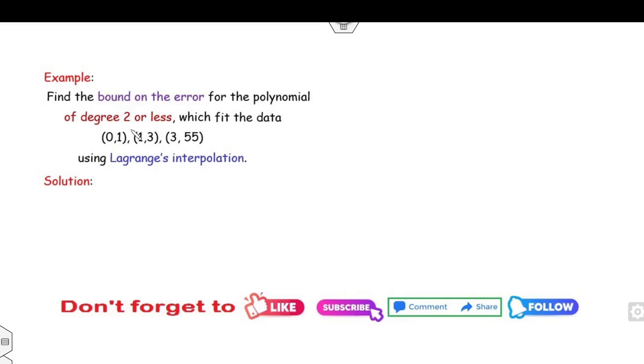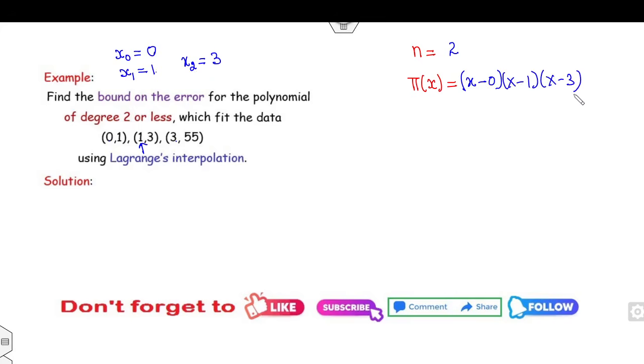Find the bound on the error of the polynomial of degree less than 2. So your target is to find the value of n and find the value of pi x. So what is the x naught? 0, x1, the x coordinate 1, x2, the x coordinate 3. So I can say n is my 2, the value of x minus 0, x minus 1, x minus 3.